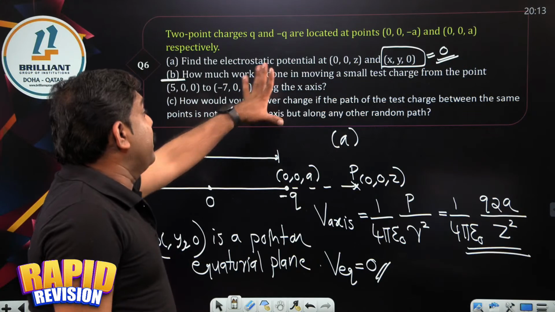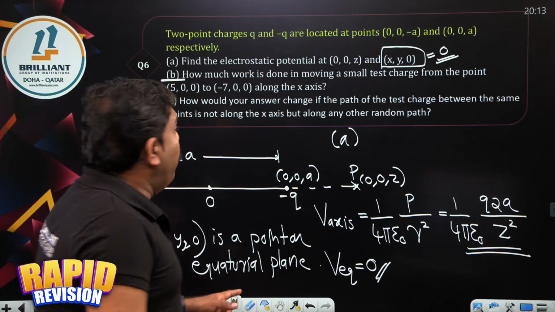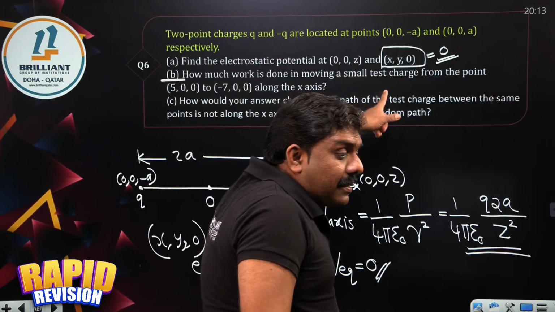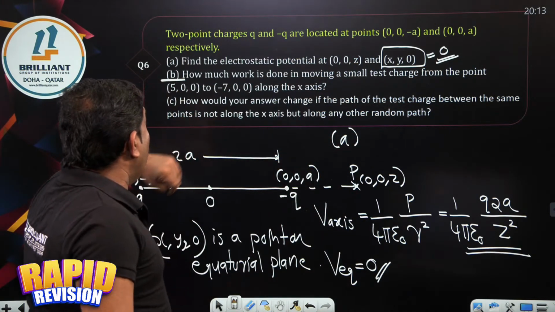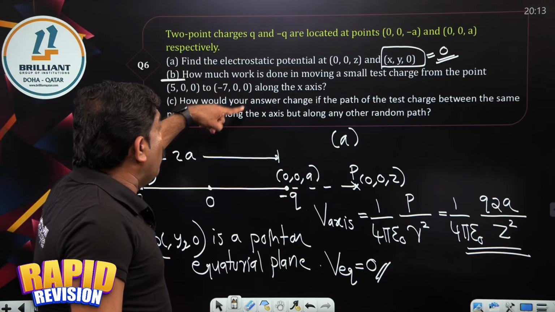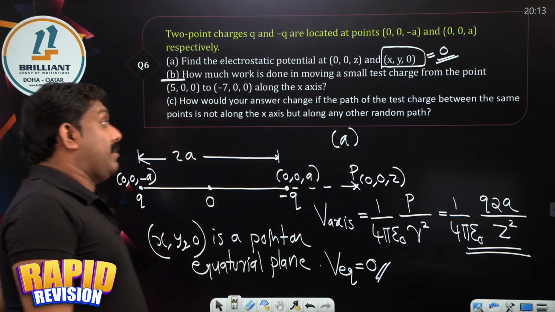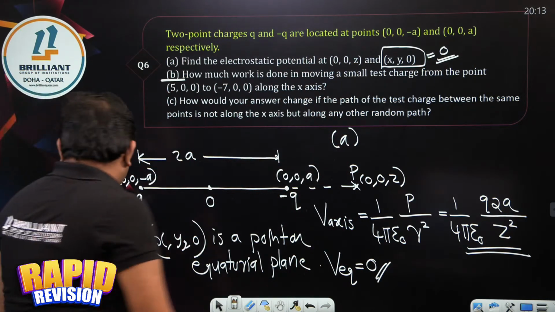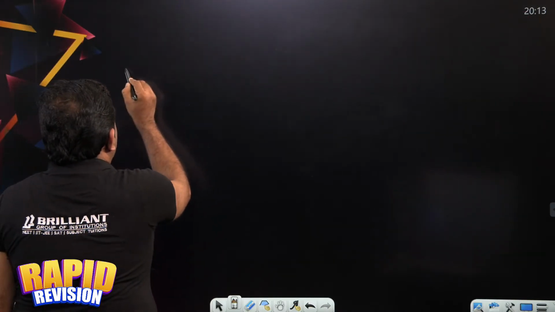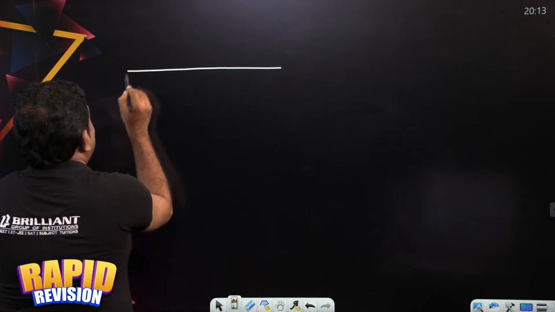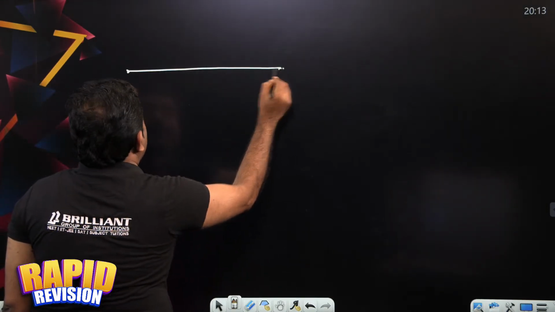How much work is done in moving a small test charge from the point (5, 0, 0) to (-7, 0, 0) along the x-axis? So we can see that question now correctly. Look, the point is given here. This is our dipole and here the coordinates are marked once more.